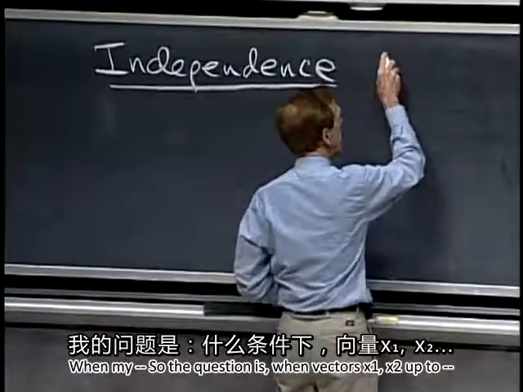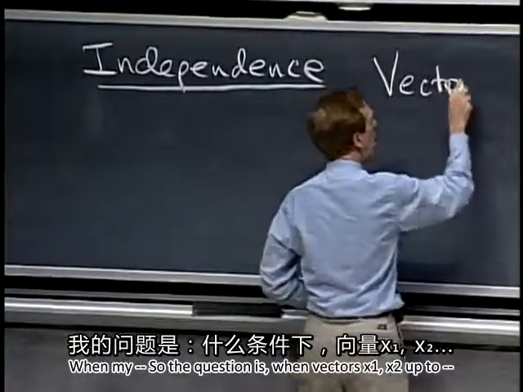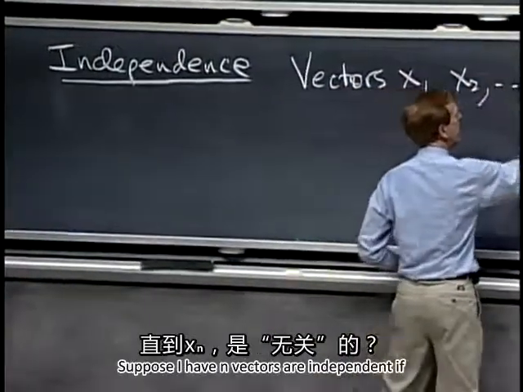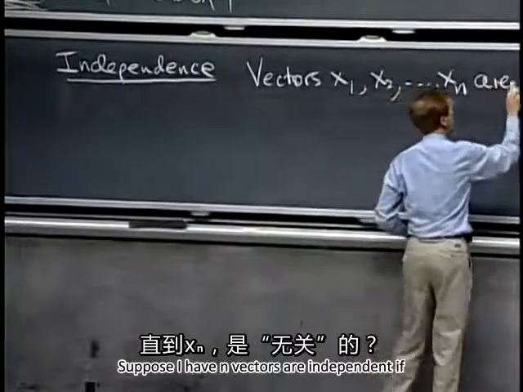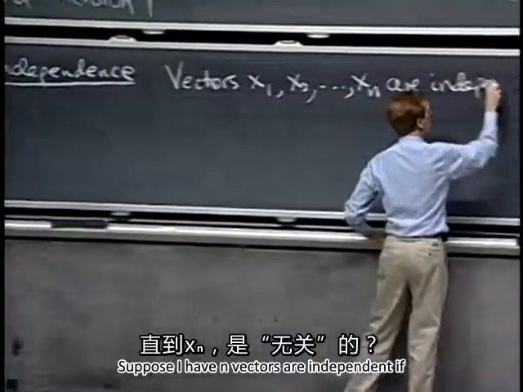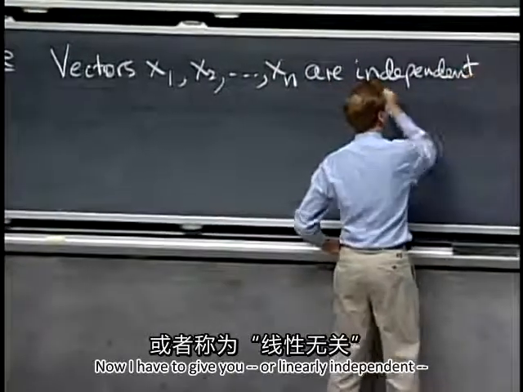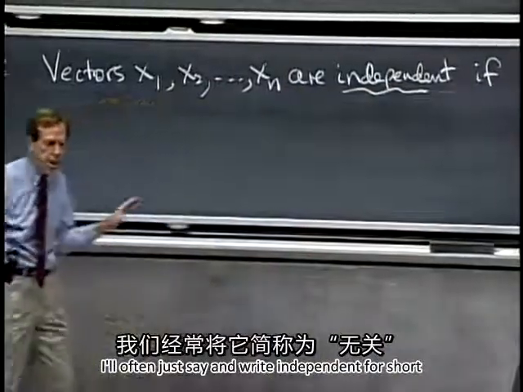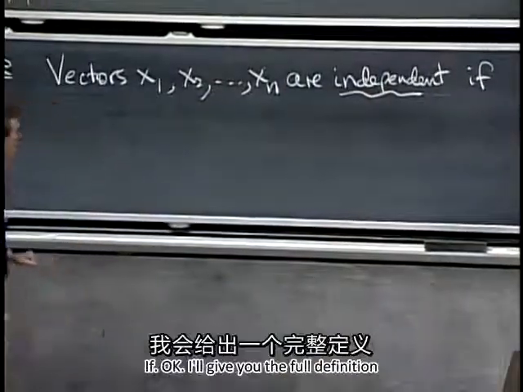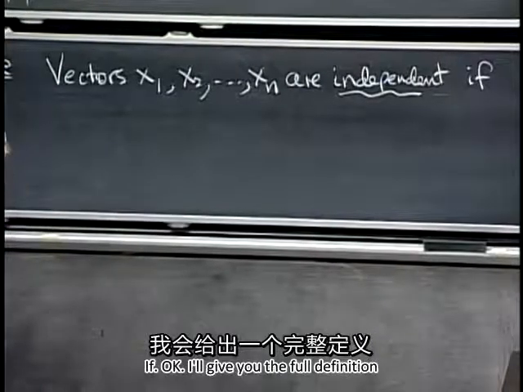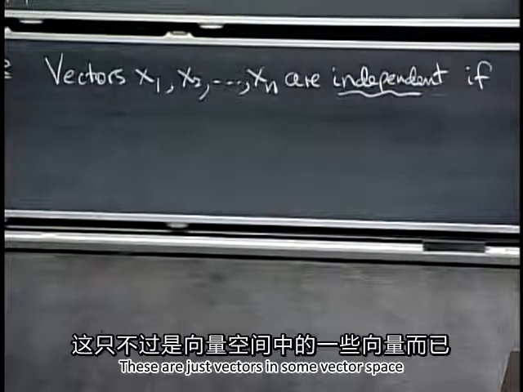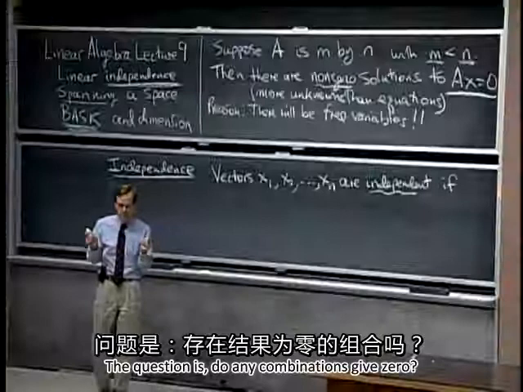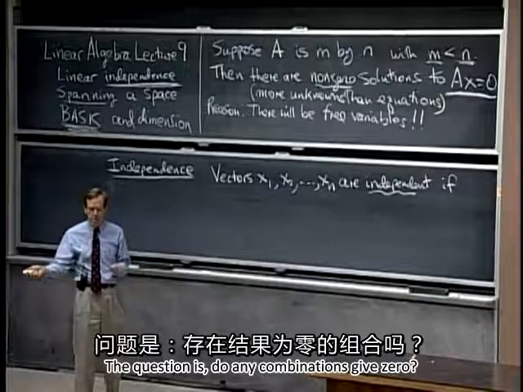So the question is when vectors x1, x2, up to xn, suppose I have n vectors, are independent, or linearly independent. I'll often just say and write independent for short. I'll give you the full definition. These are just vectors in some vector space. I can take combinations of them. The question is, do any combinations give 0?